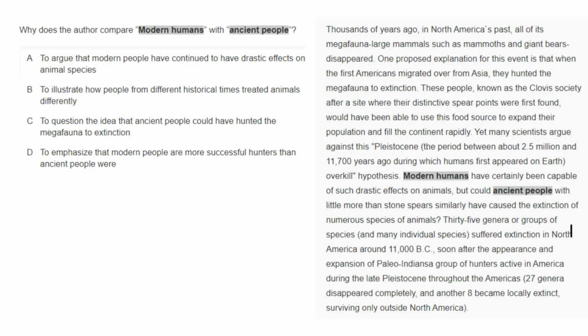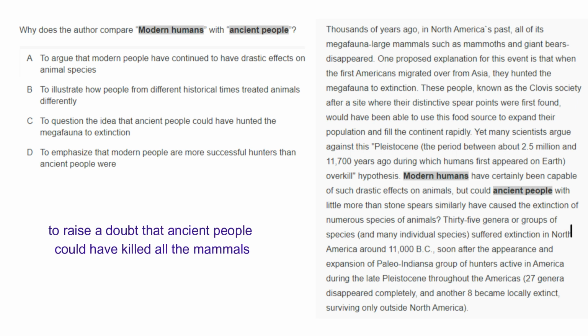Question 1. Why does the author compare modern humans with ancient people? The author compares the two groups to raise a doubt that ancient people could have killed all the mammals. A. To argue that modern people have continued to have drastic effects on animal species. Option A is not the point. B. To illustrate how people from different historical times treated animals differently.